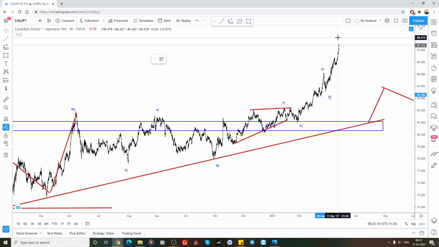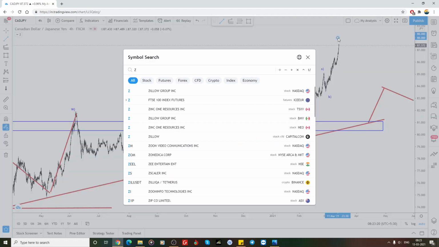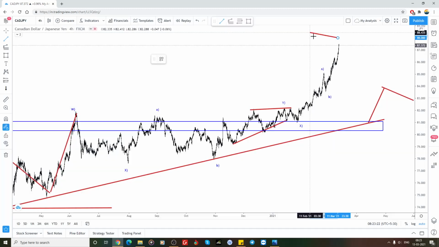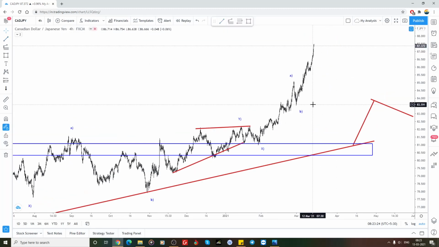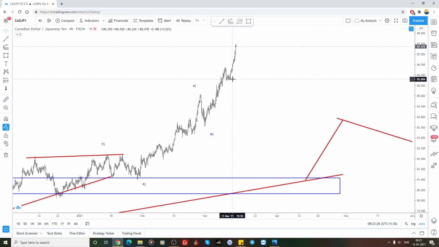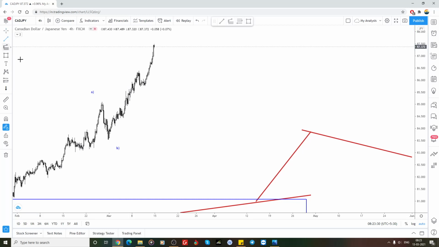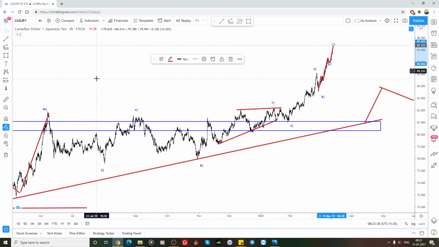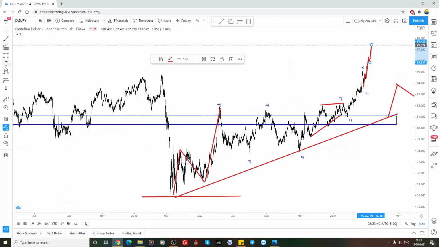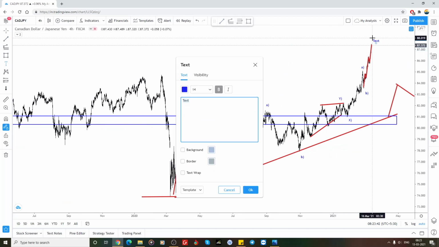In that case, the Z wave is going to end. It's already ended, because here also it seems like a 1, 2, 3, 4, 5 wave is going to here. In that case, this could be the end of that correction.